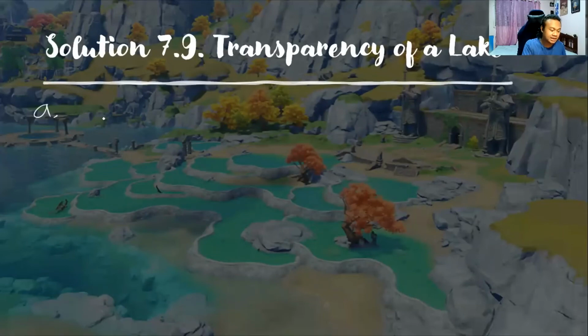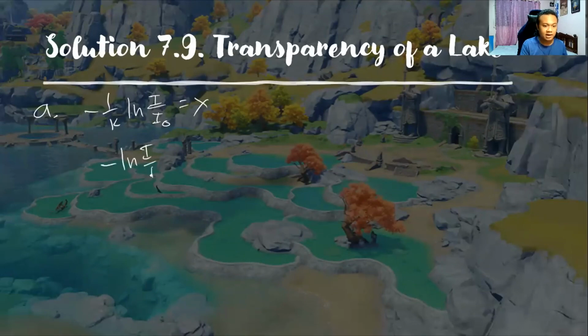So letter A. Let's write that 1/k ln(I/I0) is equal to x. Okay? So how do you do that? We isolate I. We can write negative ln(I/I0). Move the k to the other side, or we can also move it here. It's the same. So then, raise to e on both sides.